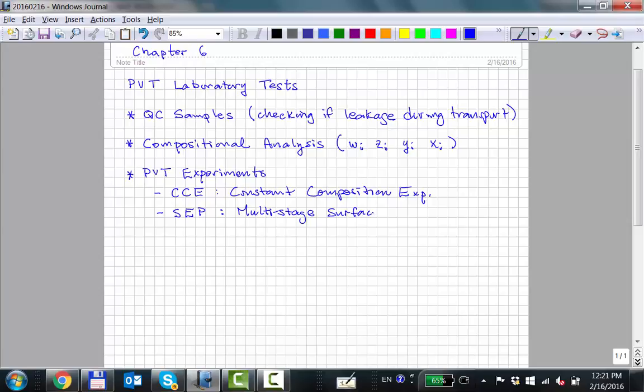You guys already have done calculations on separation at the surface, and some of you actually went and did a two-stage separator calculation because I told you it would get you a job. But anyway, these are the multi-stage surface separation tests, and then the third type will be a test that's conducted only on oils, called a differential liberation.